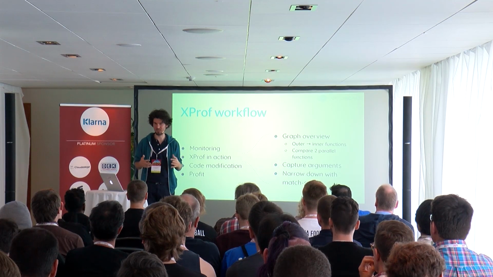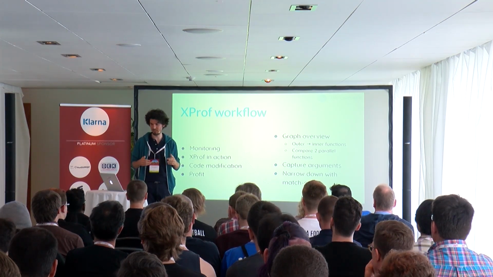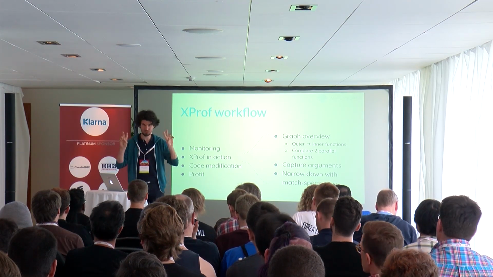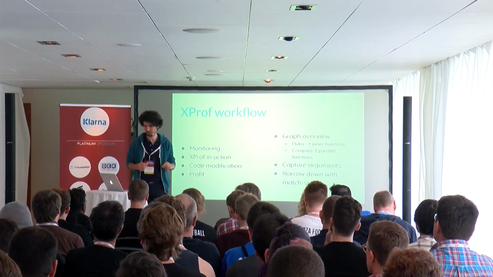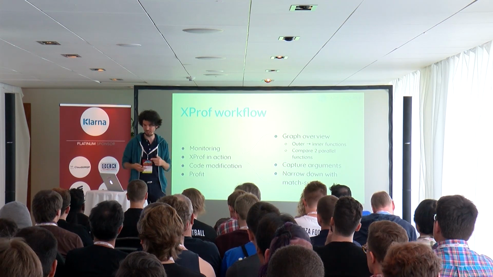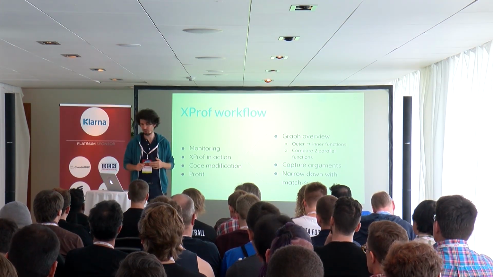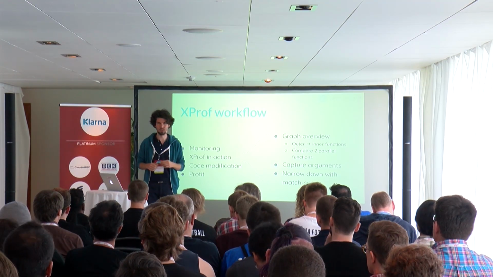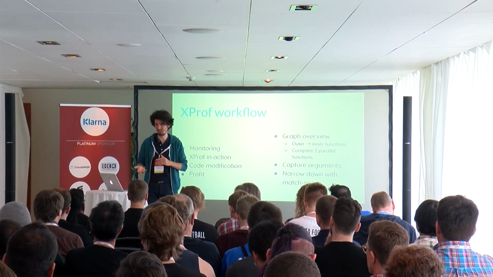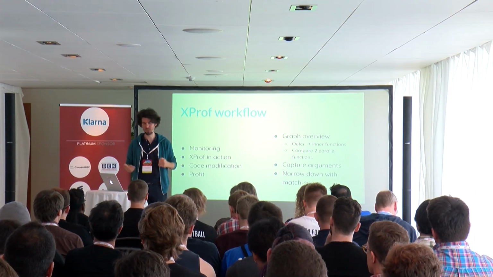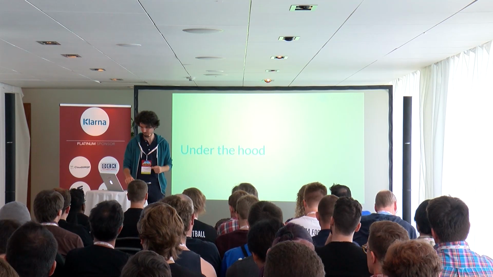You can also use match specifications to narrow down the measurements, so you only measure the bad function calls, and you go back and repeat this again until you find the particular function call and particular arguments, or the particular return value, maybe an error, which tells you what the problem actually is.